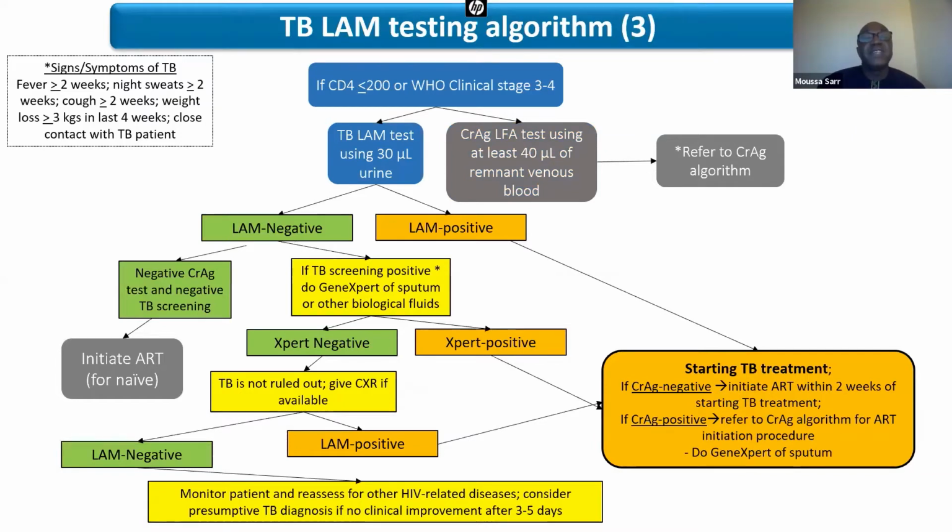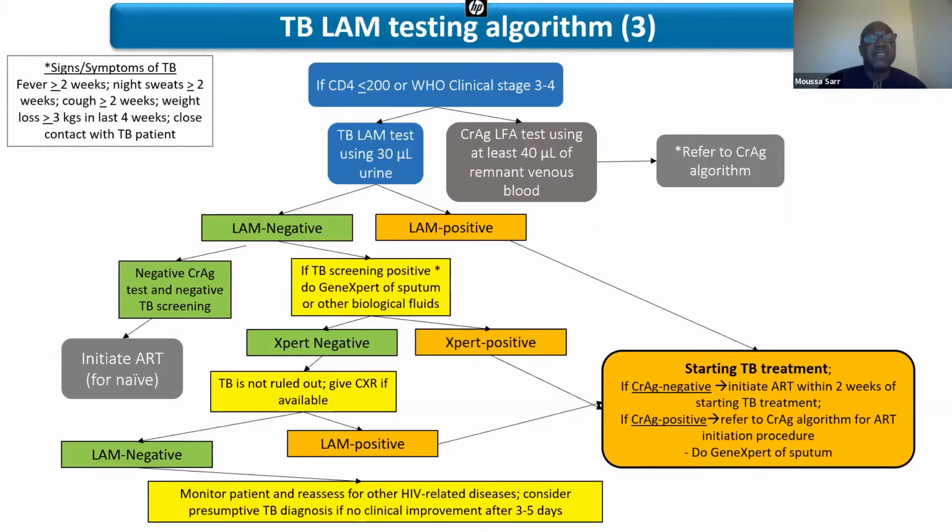For the TB-LAM algorithm, if the TB-LAM is negative and the crypto antigen testing is also negative, they will be receiving treatment and prophylaxis based on national guidelines, including the initiation of antiretroviral treatment. If they are negative, we're going to do a TB screening.